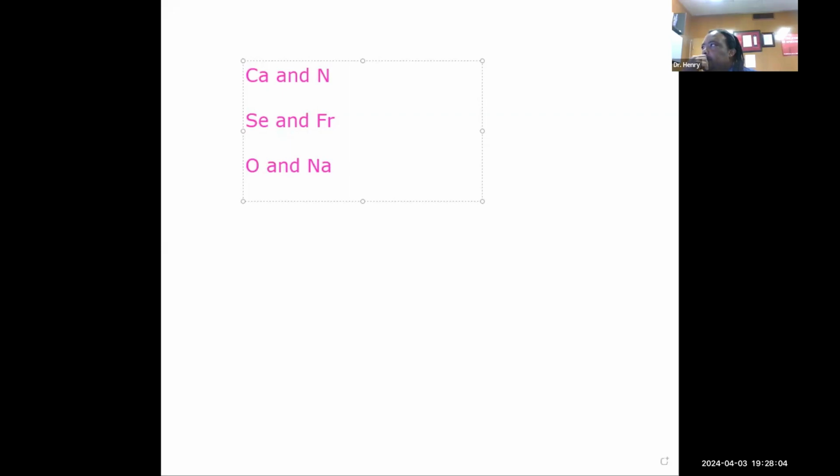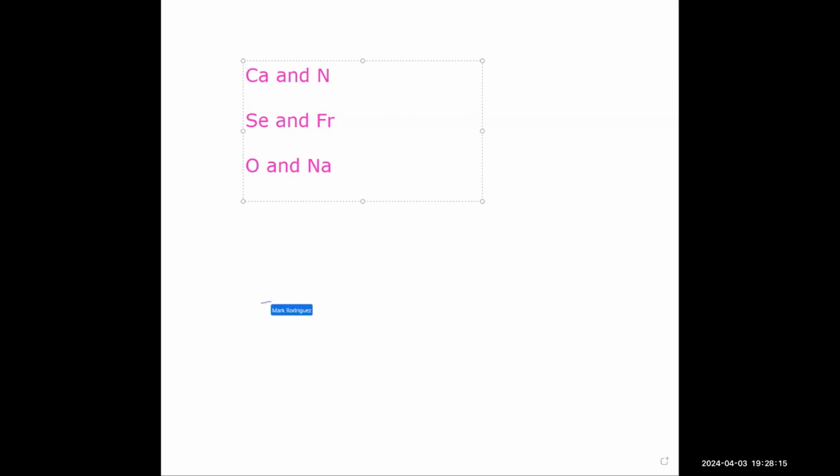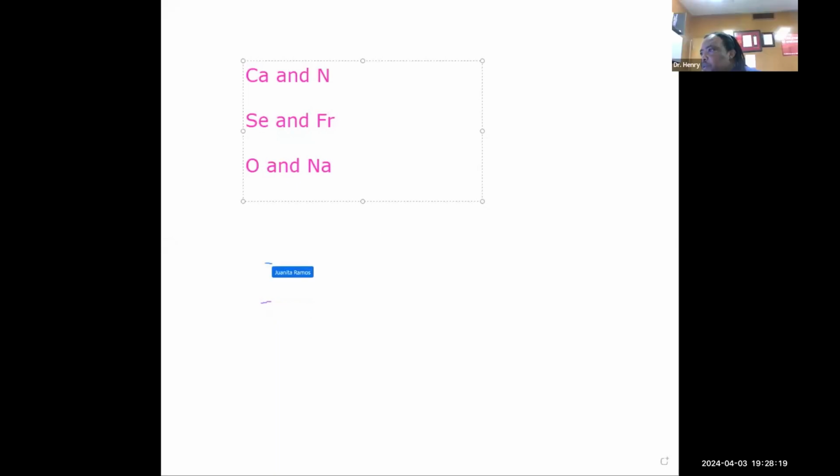I see a little pen. Perfect, if you see that pen, select it, that's usually for annotate. You'll see a little menu on the side, with an arrow and a line.